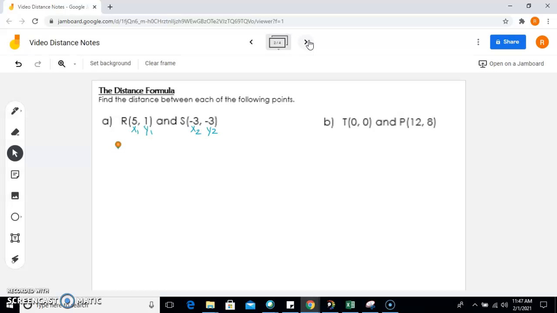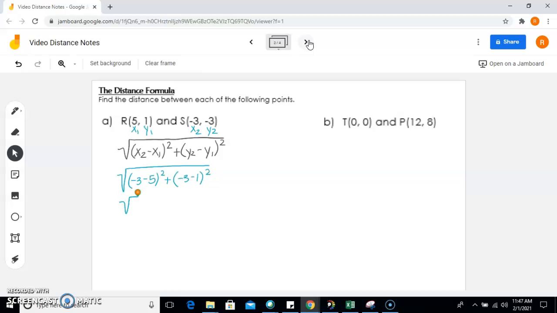Again, my formula, we have x2 minus x1 squared plus y2 minus y1 squared. When I plug in my x2, I have -3 minus 5 squared plus -3 minus 1 squared.